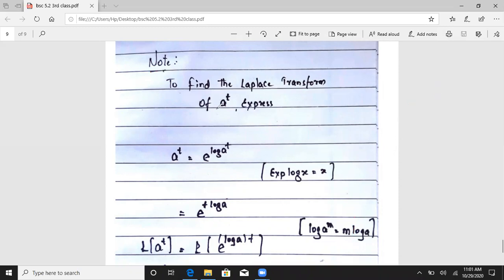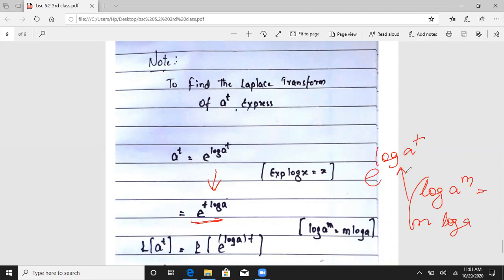This function we can write as e to the power log of a to the power t, since e to the power log x is equal to x only. Instead of writing a to the power t, we write e to the power log of a^t. We already know log a to the power m is equal to m into log of a.